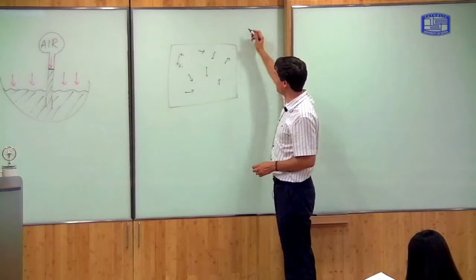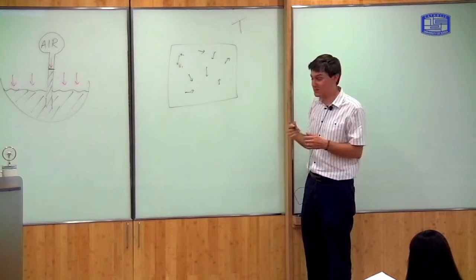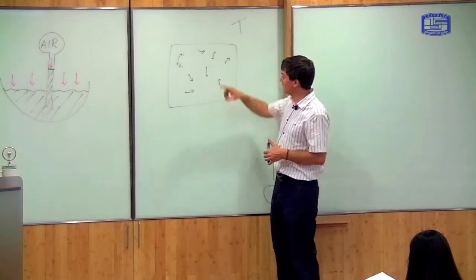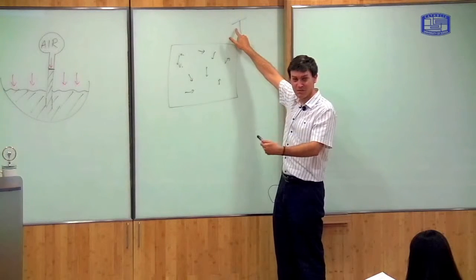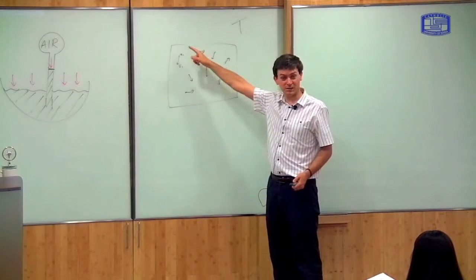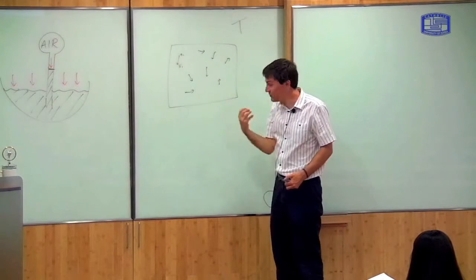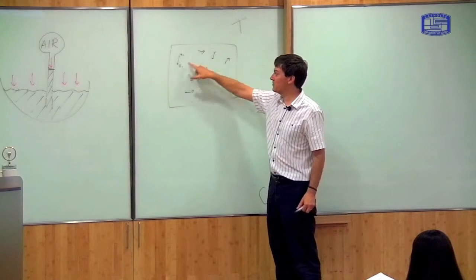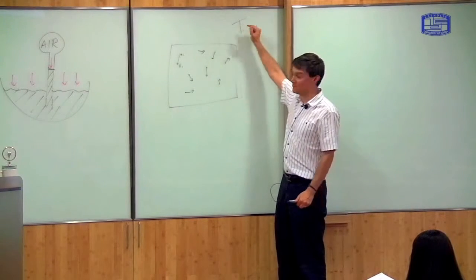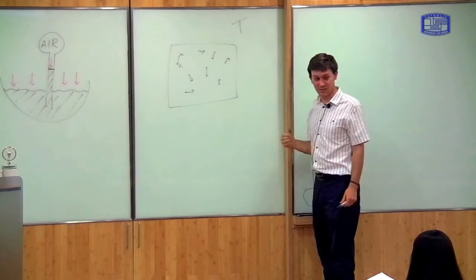This gas has a certain temperature given by T. The question is, is T an extra piece of information from all of the velocities and positions of all the particles? For example, specifically, if I tell you the position and velocity of every particle, can you tell me the temperature? And the answer to this question turns out to be yes.